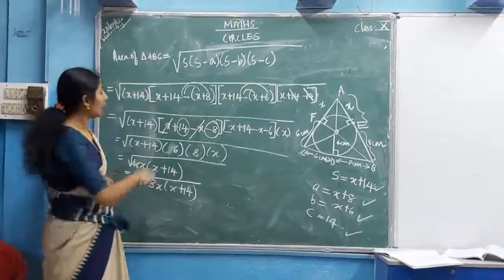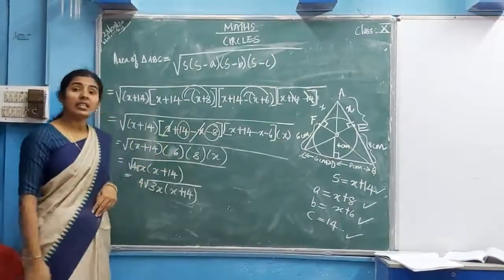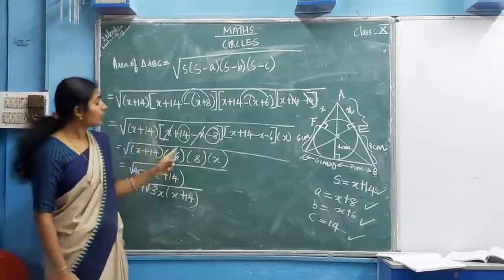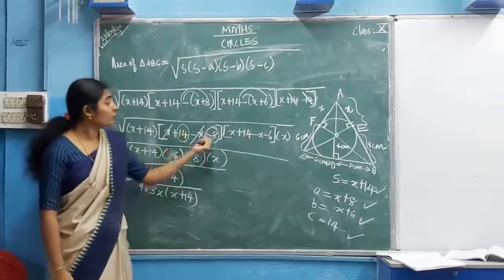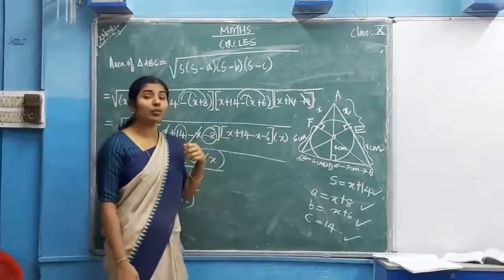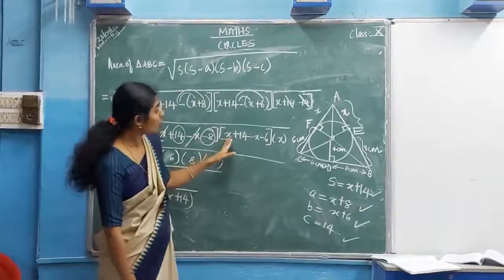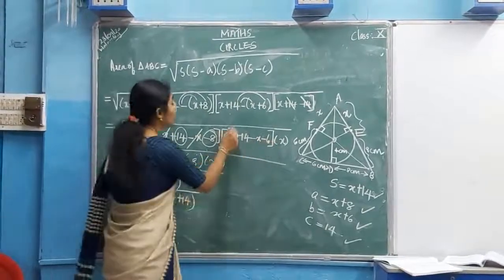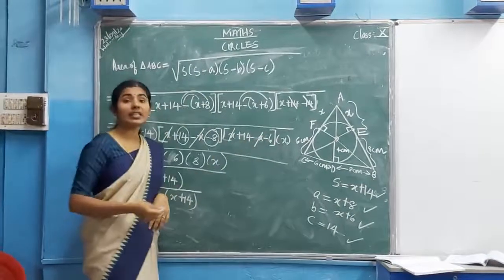So you can cancel x and minus x. So what is remaining now? 14 minus 8, that is 6. See the next term: x plus 14 minus x minus 6. x and minus x, what is that?